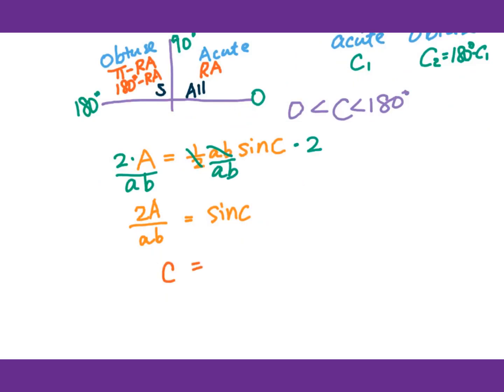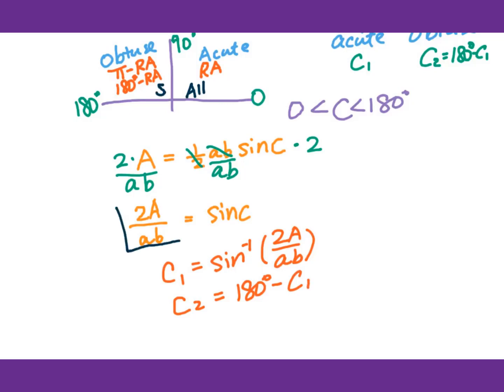Therefore, for C, you will get inverse sin of 2A/AB. C1 will be the reference angle. For C2, you will get 180 degree minus C1. Therefore, in a triangle, when you get sin C equals a positive number, remember that there are two values for this angle. One is acute angle, the other is obtuse angle.